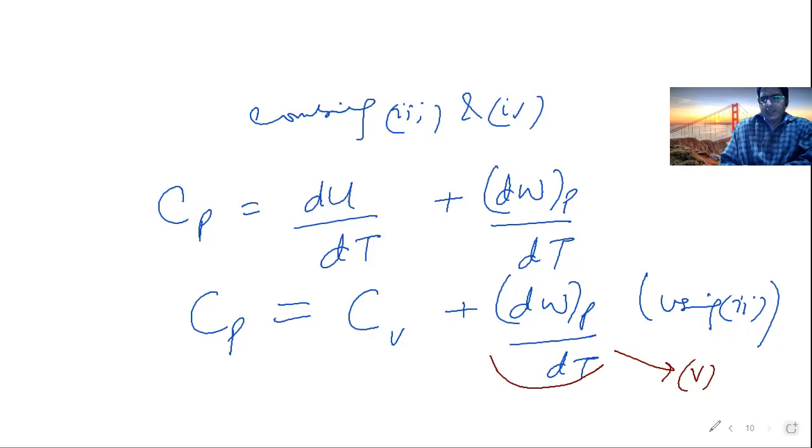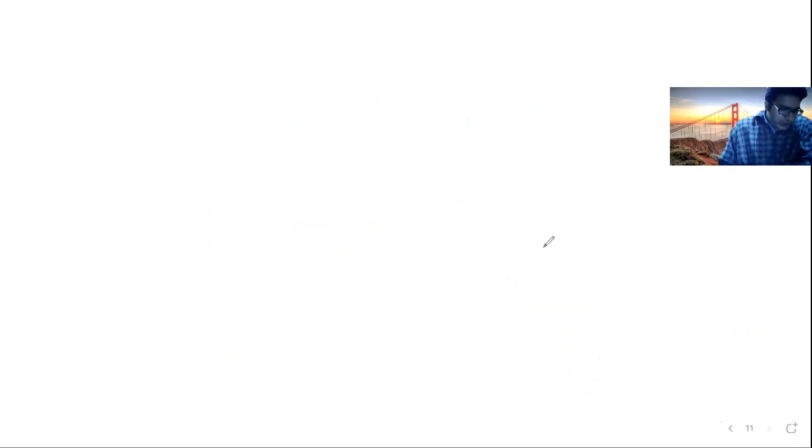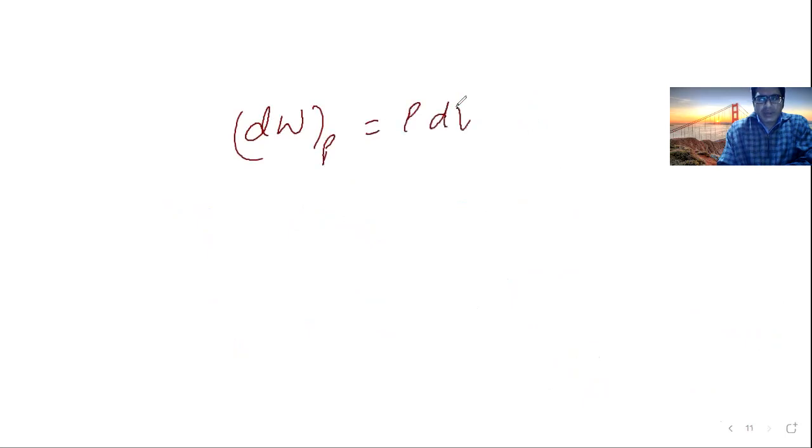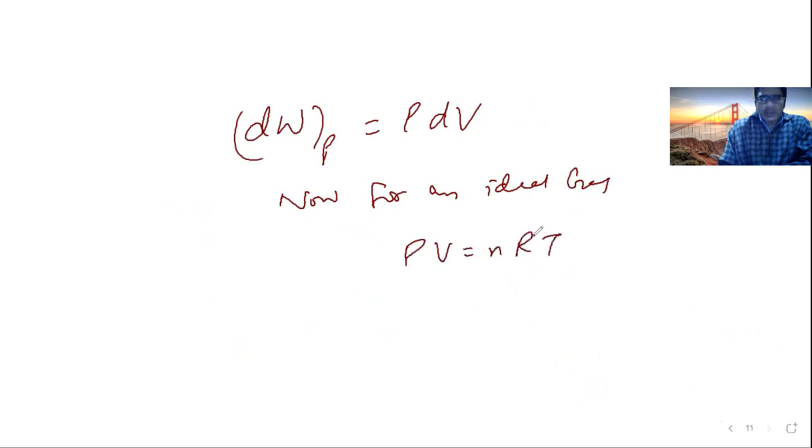For an ideal gas, as a special case, we want to calculate the work done at constant pressure. The work done at constant pressure is PdV, where dV is the change in volume. Now, for an ideal gas, PV is equal to nRT.